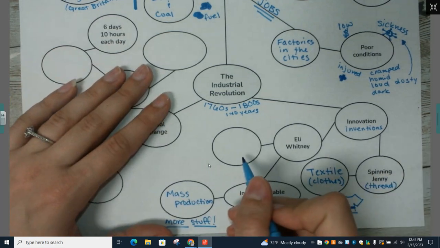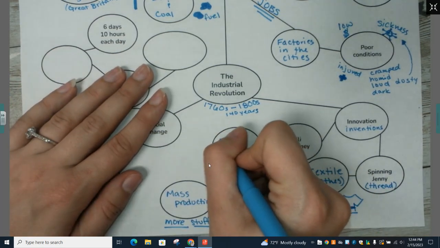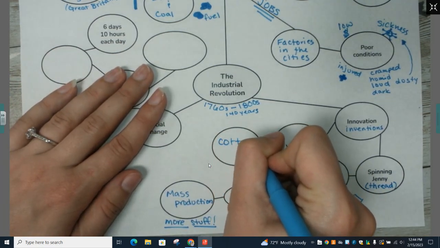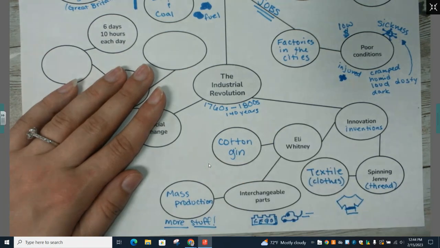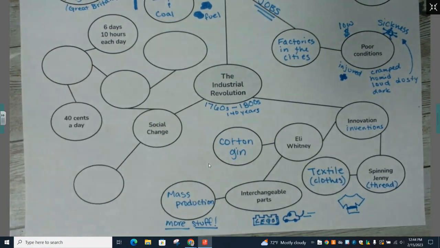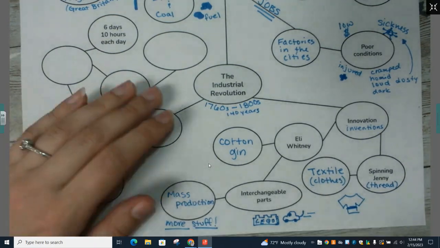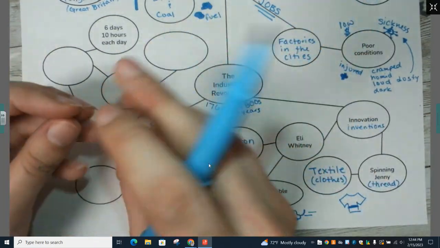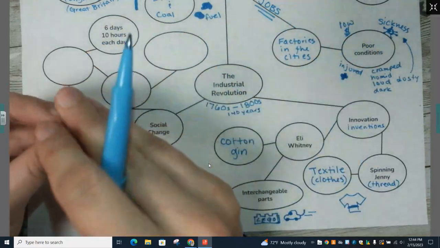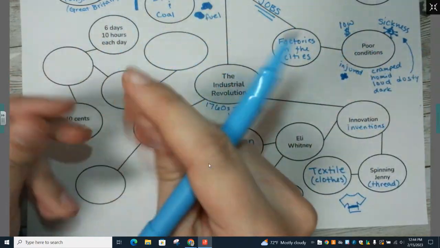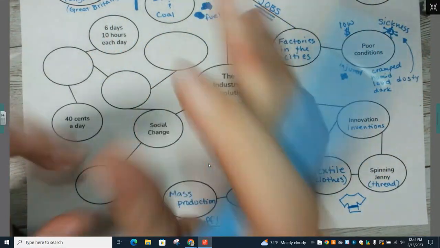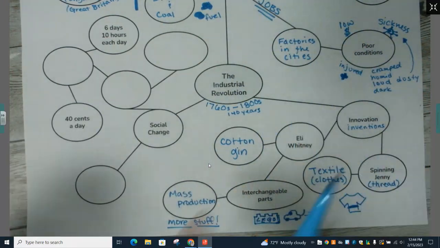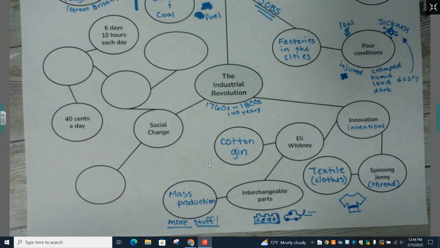Okay, the other thing that Eli Whitney made was called the cotton gin. Okay. And the cotton gin made it very easy for cotton to be harvested. And so instead of people having to go in and pick it by hand and pull out the seeds and pull out all of the other stuff that wasn't needed, the cotton gin would just spin, collect it all and get rid of the seeds and get rid of anything that was not desired.